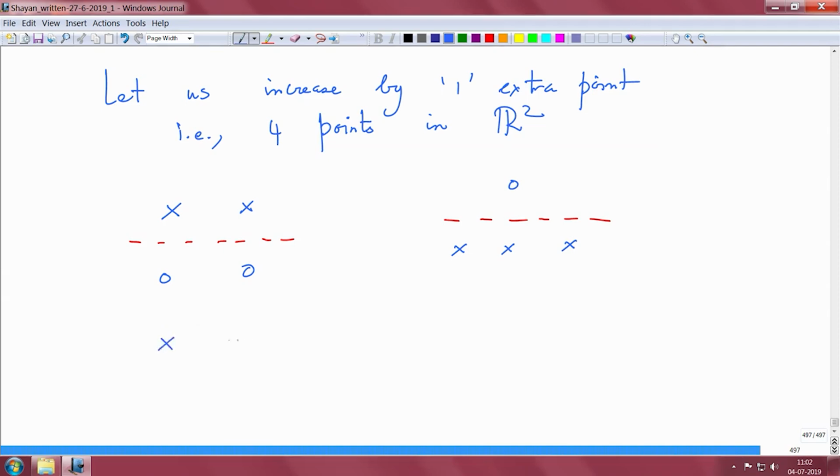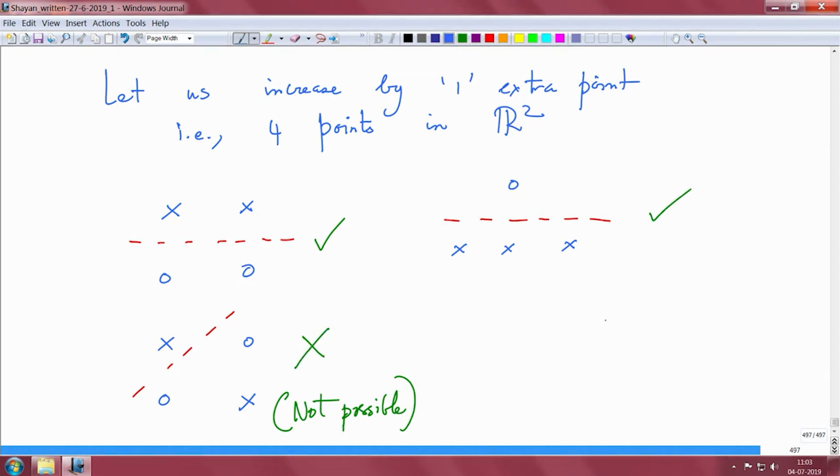If I have a configuration like this, clearly I cannot have a line that can separate, this is not possible. With one line I have this cross which appears on both the sides of the boundary and I cannot shatter. So this works, this does not.